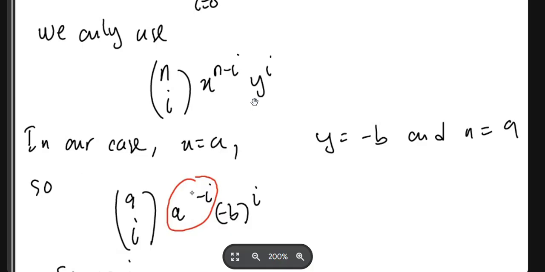It's 9, okay? So even here, it is 9. So 9 minus i equal to 3. This implies i is equal to 6. So this is the term we've already written.